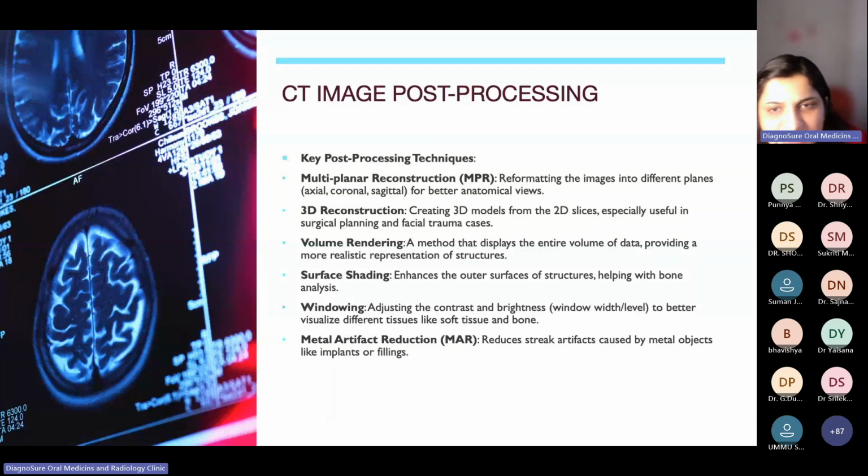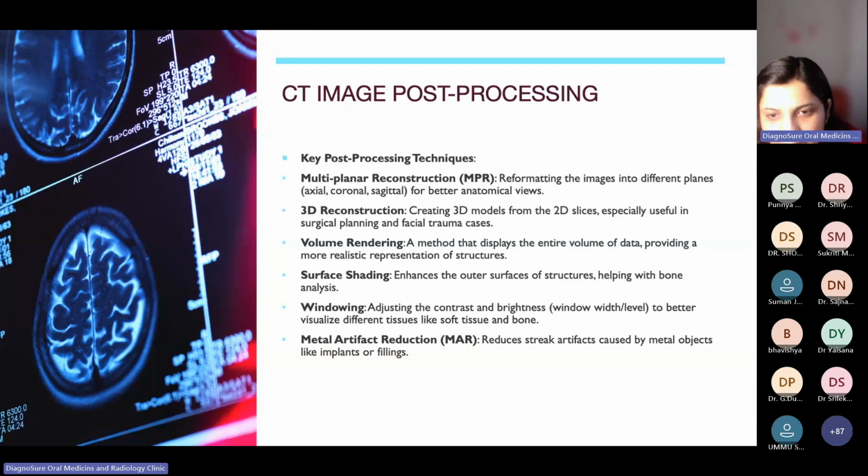So, CT image post-processing. This is again an important technique. Here we can improve the image quality after the scan has been taken, whenever there are softwares with different tools. First is MPR, which is also seen in CBCT. MPR is multiplanar reconstruction. Whenever an image is generated, we can reformat it into different planes.